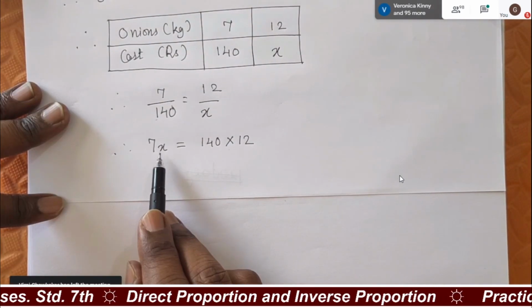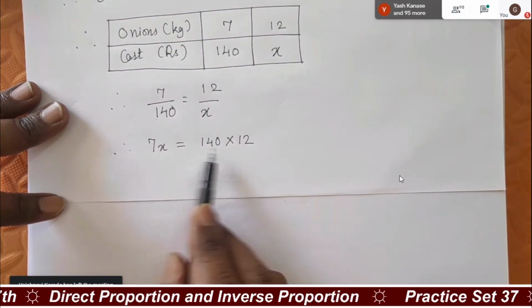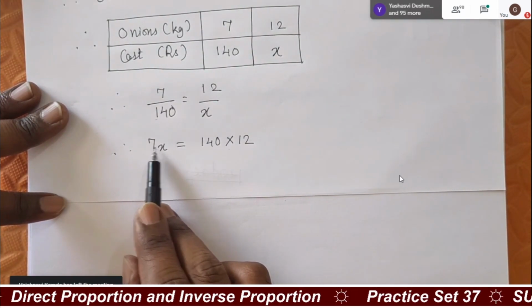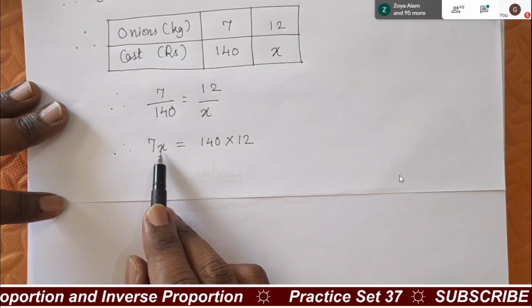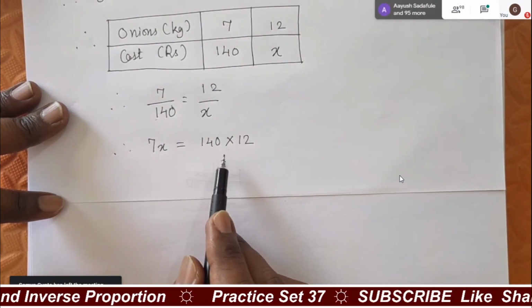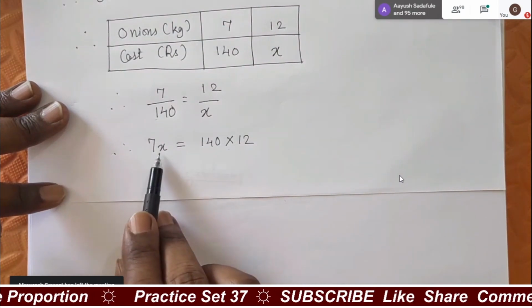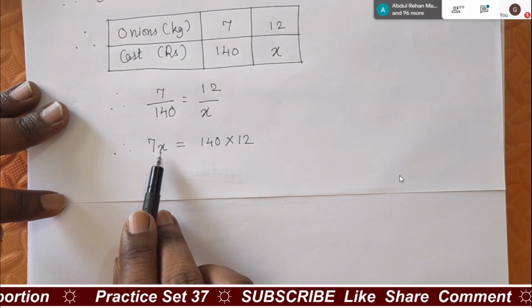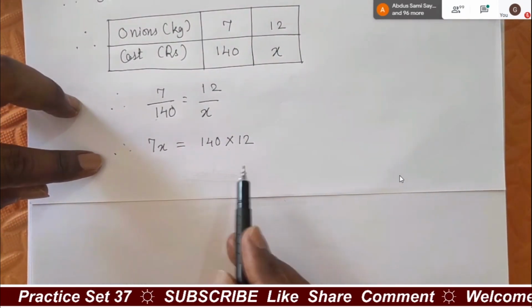Now we want to find the value of x. So we will divide both the sides by 7. If we divide 7x upon 7, the 7 will get cancelled and only x is left. And here also we will find out what answer we get when we divide by 7. Whatever number is by the side of x, we have to divide both the sides by that number.